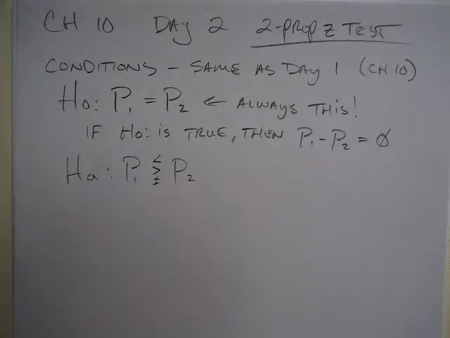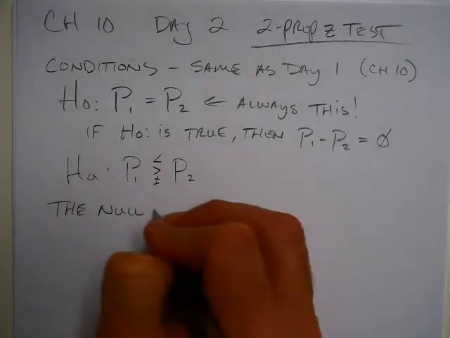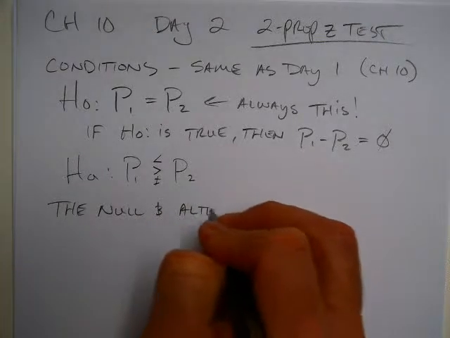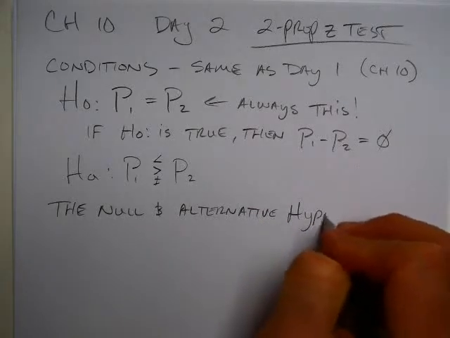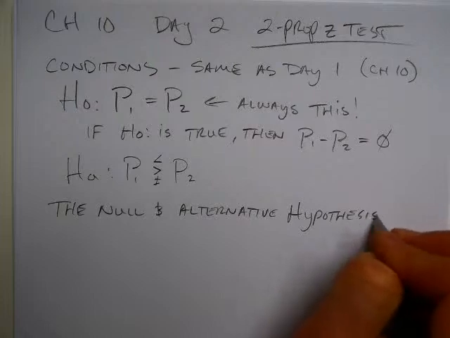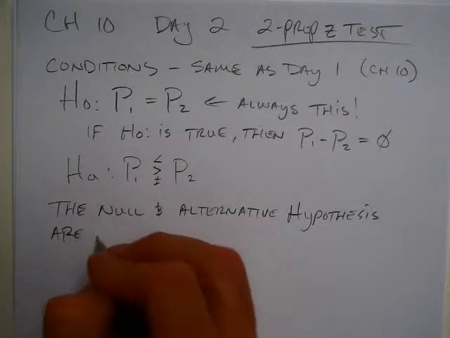Something that I haven't mentioned before, and that probably I should have earlier, is that the null and the alternative hypothesis come into play before you do the study. So the null and alternative are never set after the data is collected.